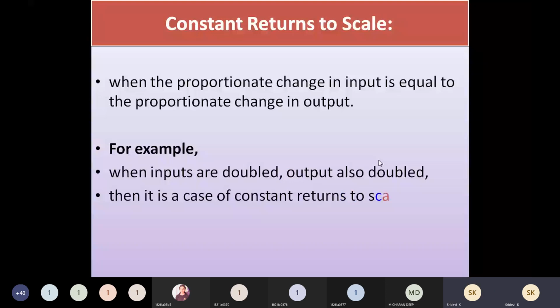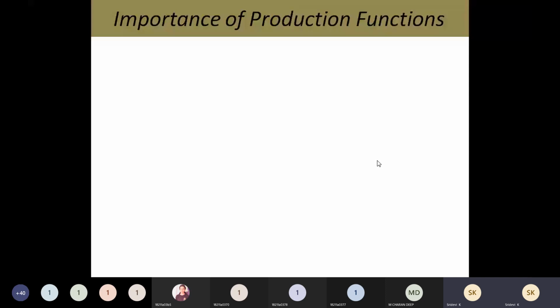So it is a case of constant returns to scale. This is how you are going to explain. That's all. In your own words also you can do that, but be careful while showing the increase in the inputs and the increase in the outputs. If you take that care, that will be enough. It's very simple.